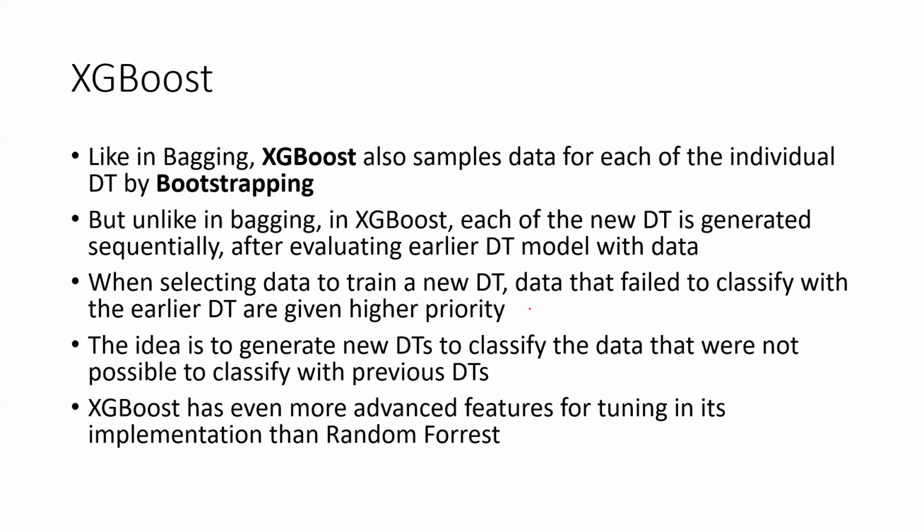And when you are sampling for the next decision tree, you take a higher proportion of data from the missed or failed values of the original decision tree, right? That is how we train XGBoost, and this is much more accurate compared to random forest.